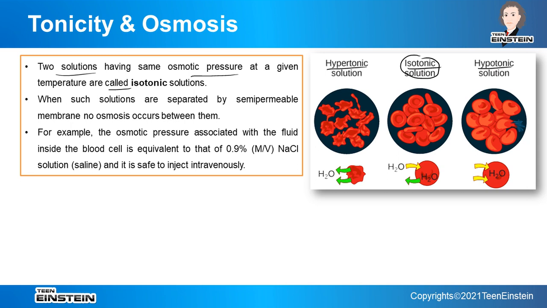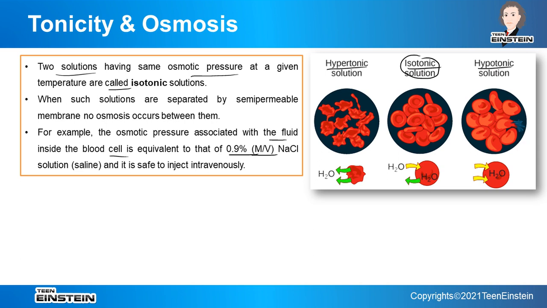Suppose here we have taken a red blood cell, and inside and outside it, both are having a similar type of fluid. The osmotic pressure associated with the fluid inside the blood cell is equivalent to 0.9% M by V NaCl solution.